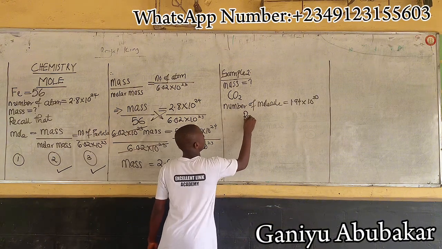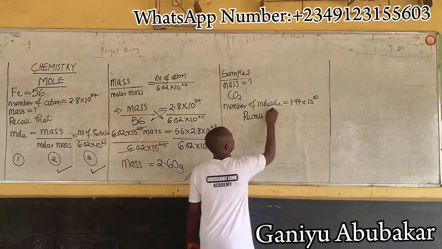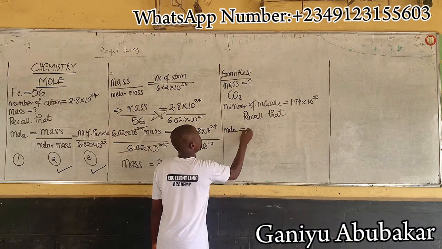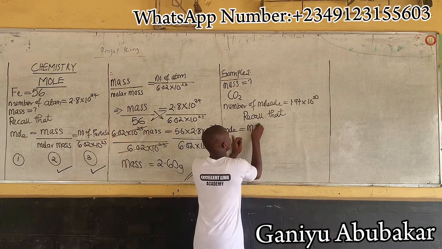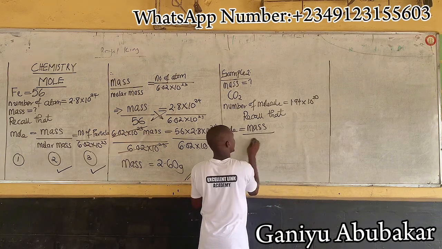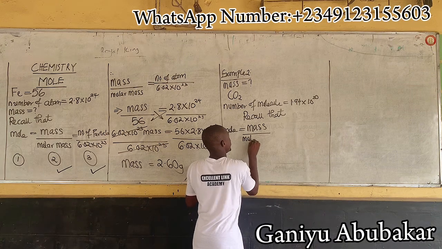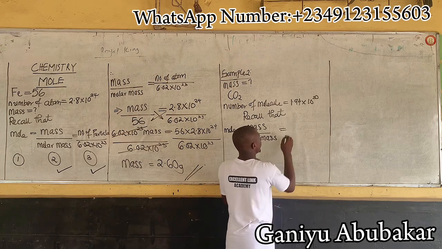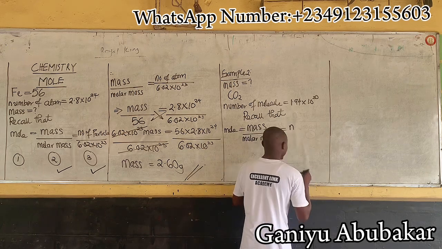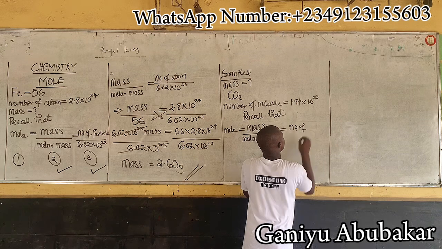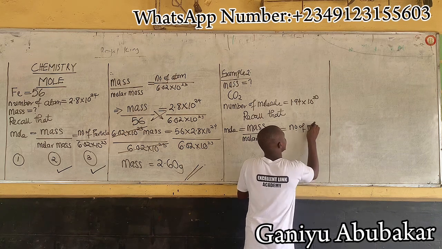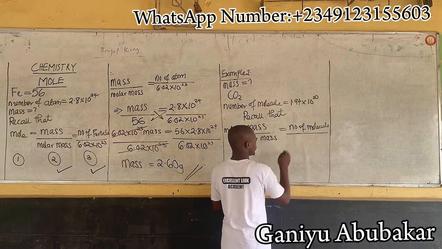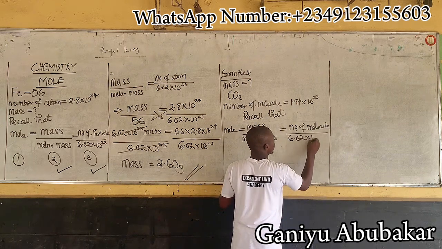Recall that mole is equal to mass over molar mass, which is equal to number of particles, here molecules, all over Avogadro's constant, which is 6.02 times 10²³.